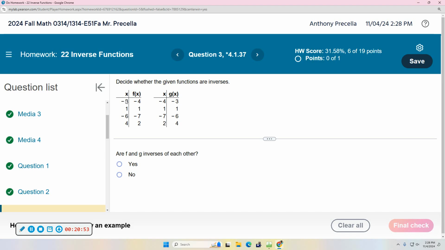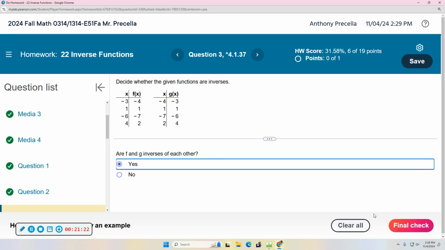Remember, an inverse swaps the x's and y's. -3, -4, yeah, that looks good. It became -4, -3. 1, 1 stayed 1, 1. What about -6, -7? Is that okay? It became -7, -6, I agree. What about 4, 2? Yeah, it became 2, 4. So are they inverses? What are we going to say? Yes.